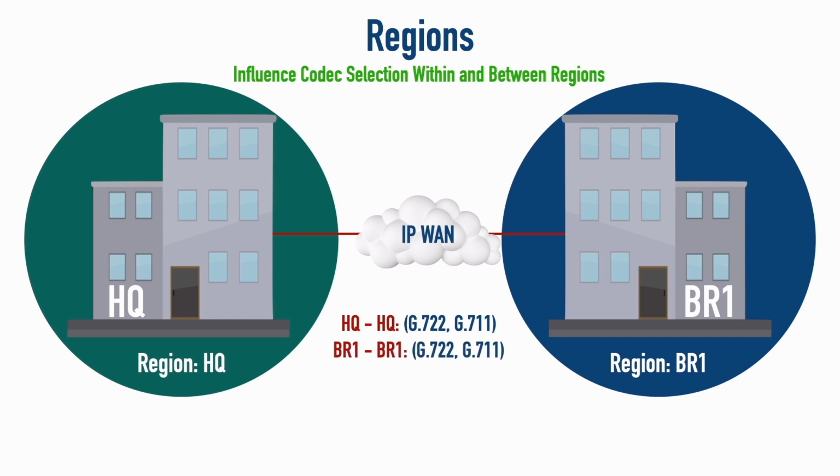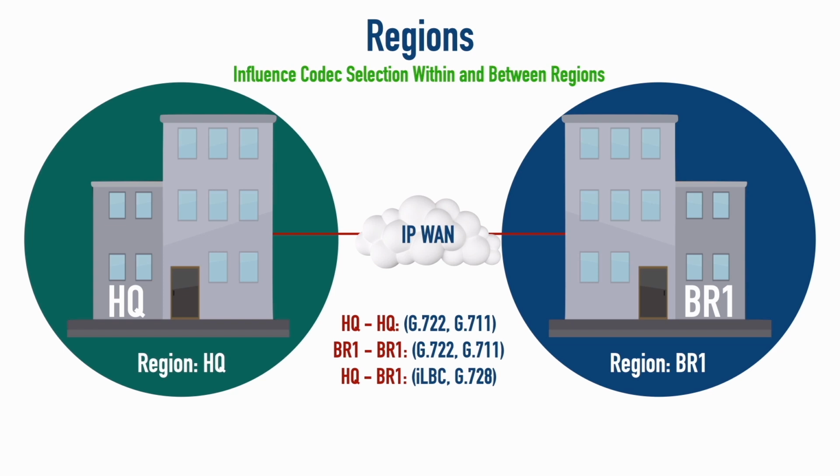Same thing within BR1. If I'm going from BR1 to another phone within BR1, I'm not concerned about compression. So I set that threshold at 64K by specifying those 64K codecs. However, where I'm most concerned about bandwidth usage is over that IP WAN. So let's say if I'm going between HQ and BR1, I'll set my threshold to the bitrate used by iLBC or G.728, and that's going to be assumed to be a value of 16 kilobits per second.